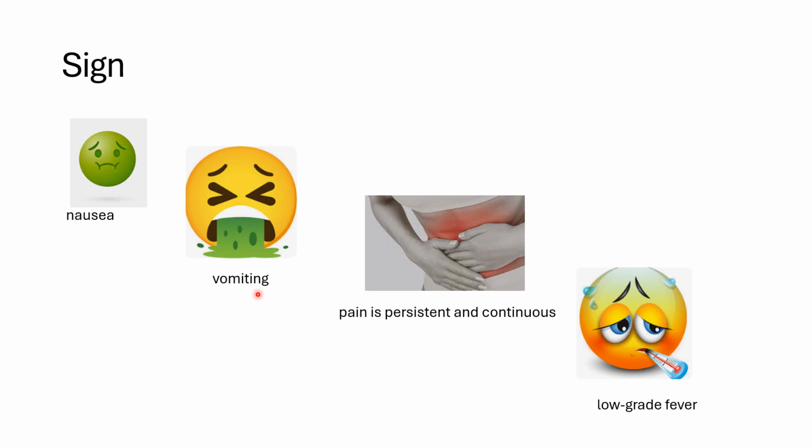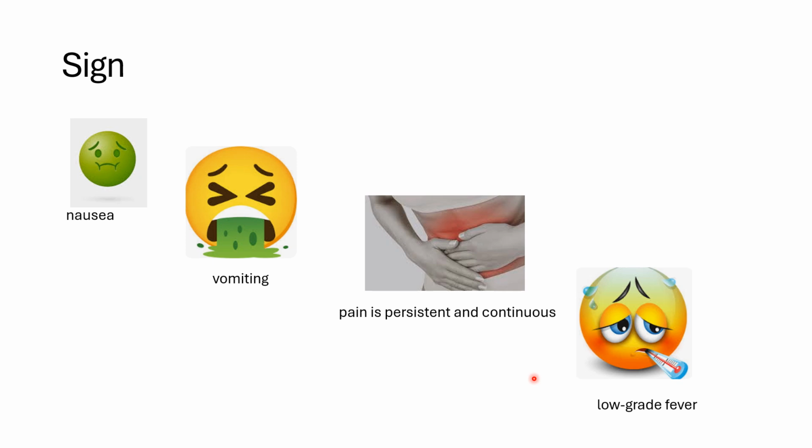As a result of the nausea and vomiting, they lose their appetite and won't be able to eat. And as white blood cells gather around the tissue that has inflammation and infection to fight the germs and bacteria, the patient would have a low-grade fever. So these are some of the signs and symptoms that you might see in your patient.